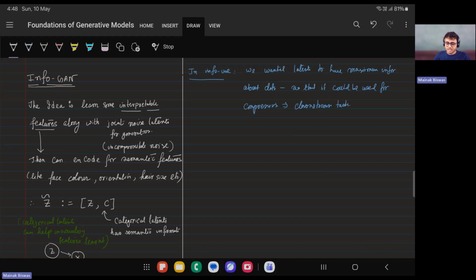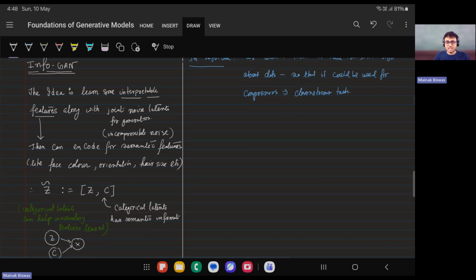So that's fine. What Info-GAN is going to do is, remember, this GAN at the end of the day is a latent variable model. It has a generator again, and you have the data x generated as a function of z, where z is sampled from normal 0, 1. This is often what you end up doing.